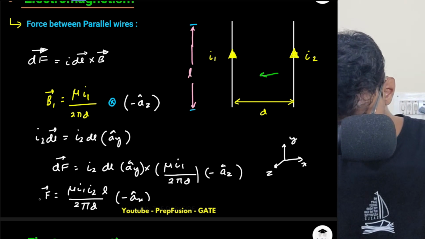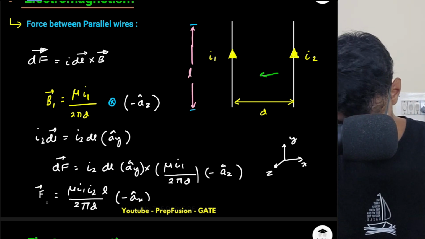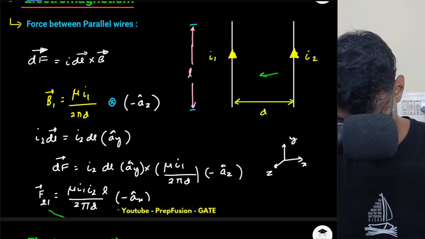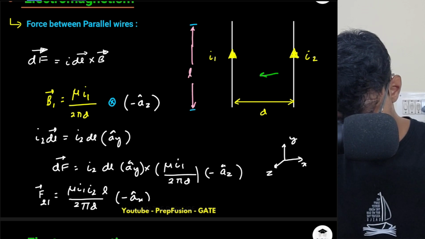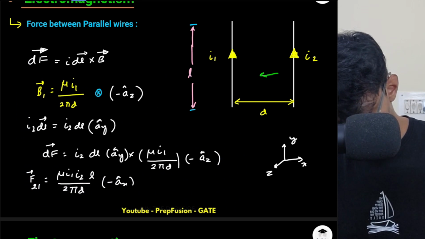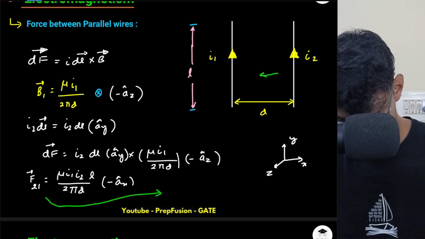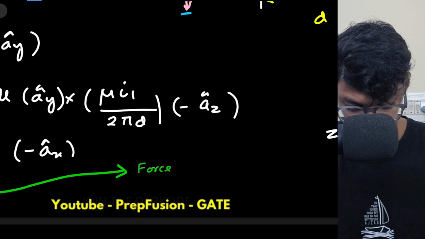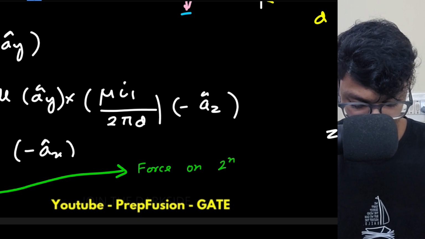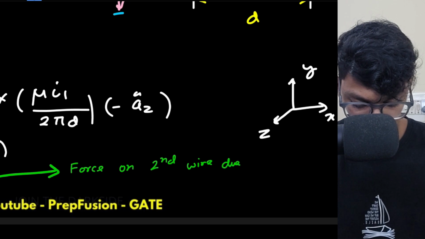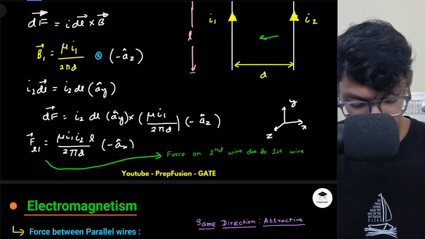This is F21. What does F21 mean? F21 basically means the force on the second wire due to the first wire, and the magnitude will be the same.